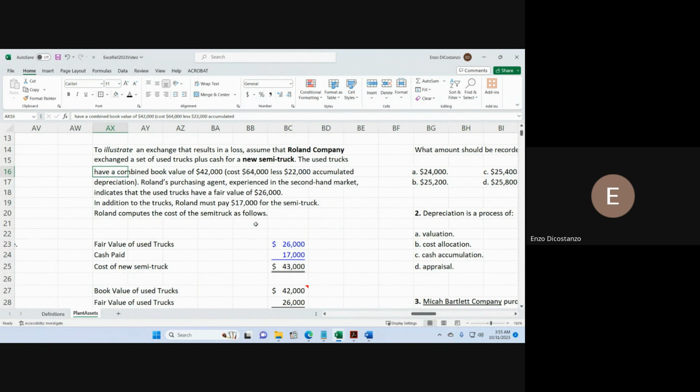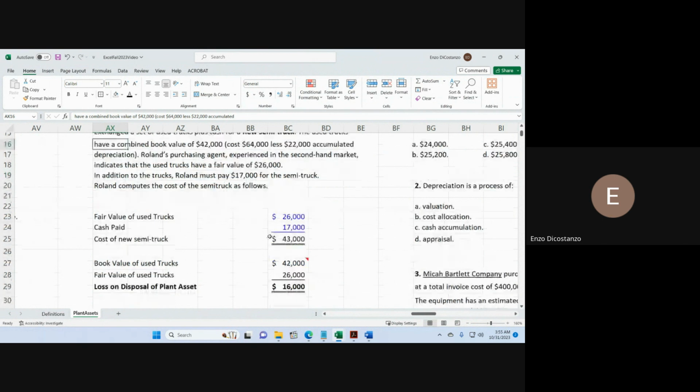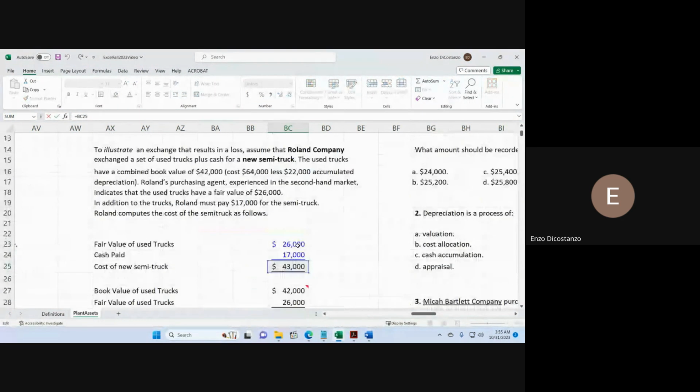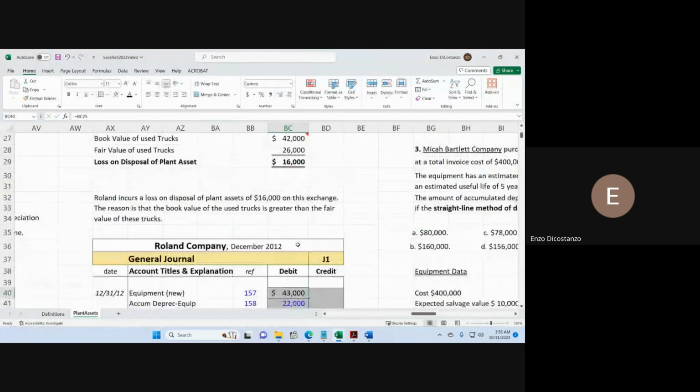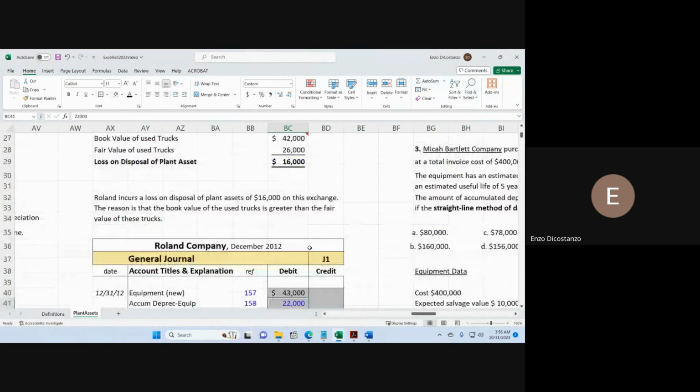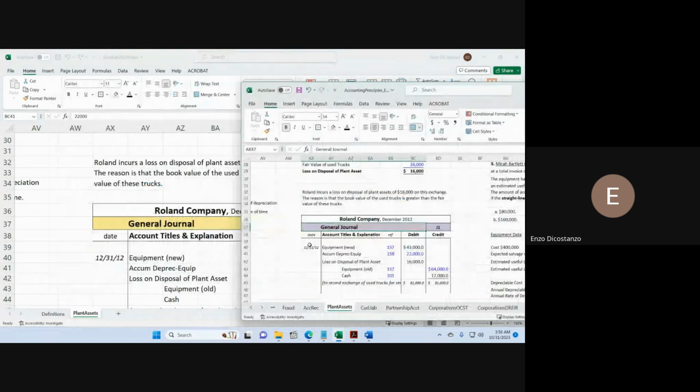Because what you're doing is you're paying 17,000 cash and then giving something over that's 26,000 of fair market value, which is the 26. That's why you have these numbers. That's why it's the 43. It's 17 plus 26.